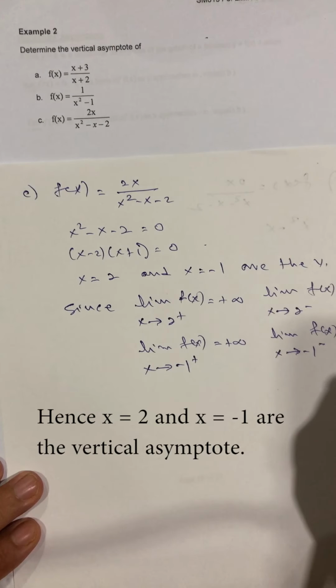Hence, x equal to 2 and x equal to negative 1 are the vertical asymptotes.